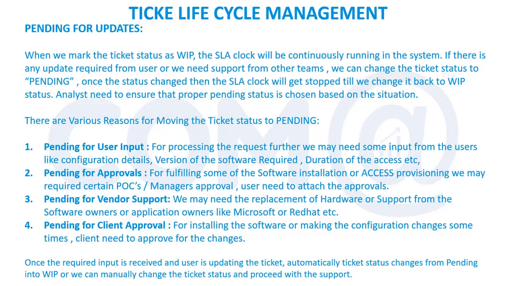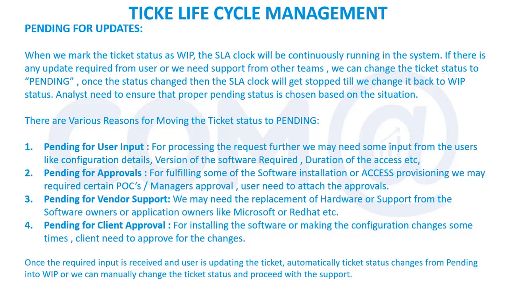Once the user creates a ticket, immediately the ticket will go to the project manager or reporting manager. Once the reporting manager approves in the system, not via mail, they have to open the ticketing system and provide the approval by seeing the ticket. By approving the ticket, the ticket will then come to the analyst queue. Then the analyst will verify what the requirement is and whether the manager has approved in the workflow, and then we will proceed with the further details.